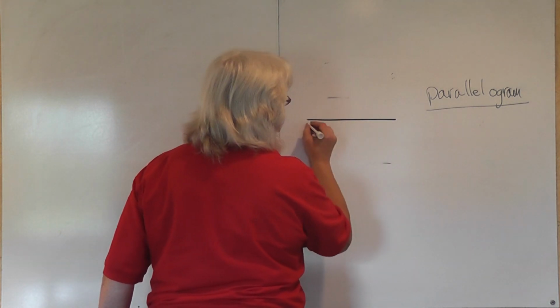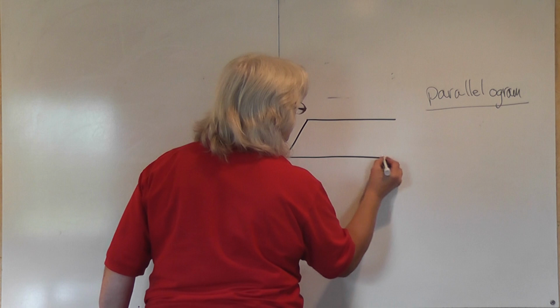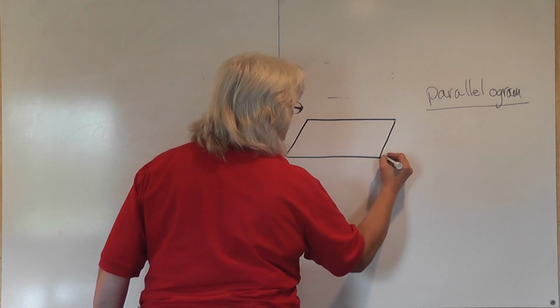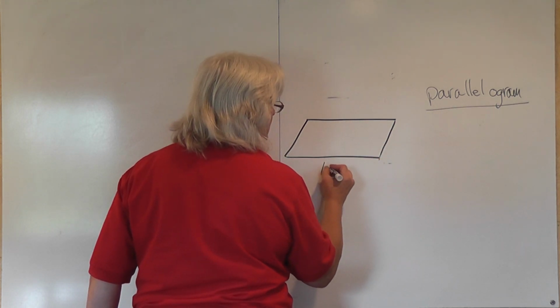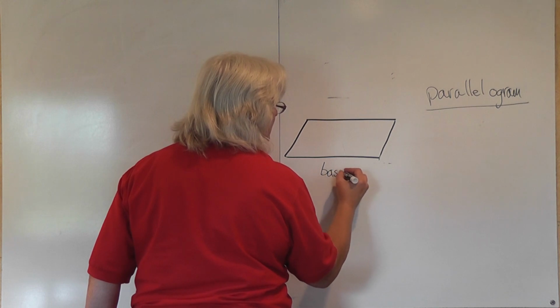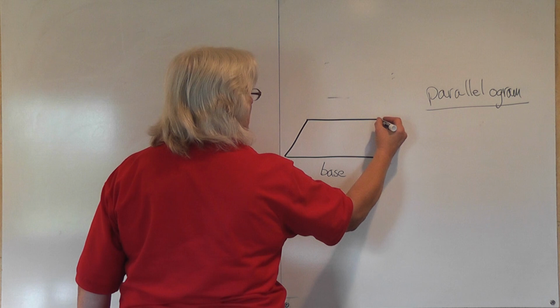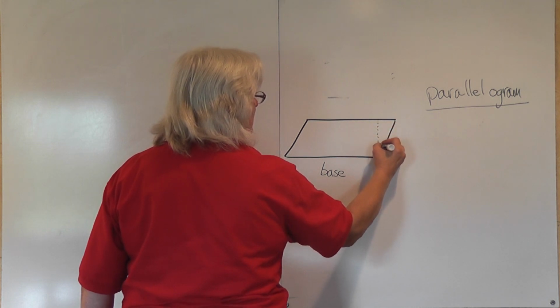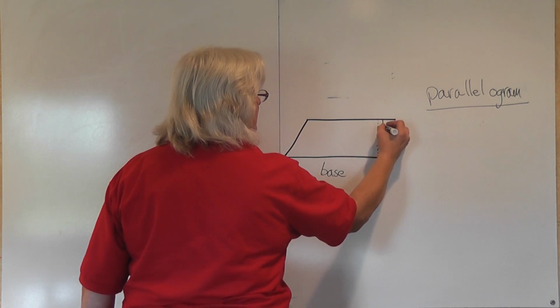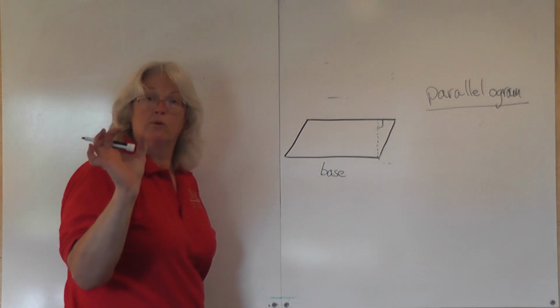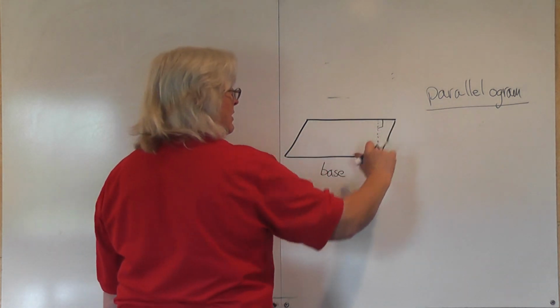Here's our parallelogram. The base is what the parallelogram sits on. The height is always going to be indicated for you, and you know it's the height because they're going to have that little marker there that indicates that we have a right angle.